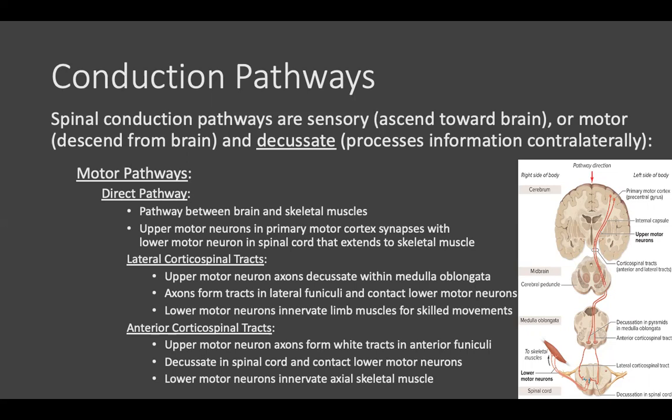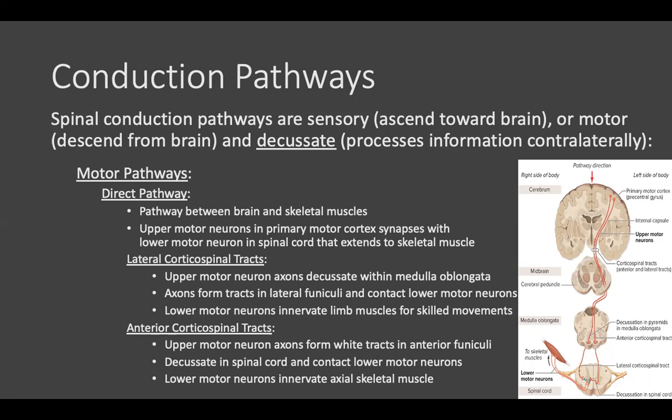So again, this is why we say all functionality of the brain in terms of the control of the body is going to be from one side of the brain to the other side of the body. So look at the lateral one first. You notice that the upper motor neuron axon is going to cross over the midline within the medulla oblongata, like we just said. The axon forms the tracts in the lateral funiculi and then contacts the lower motor neurons within the spinal column.